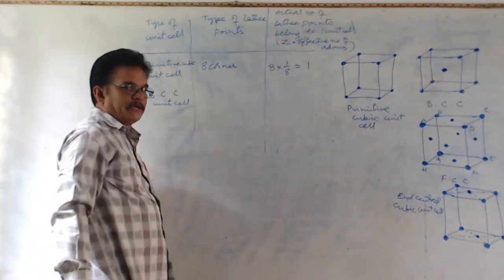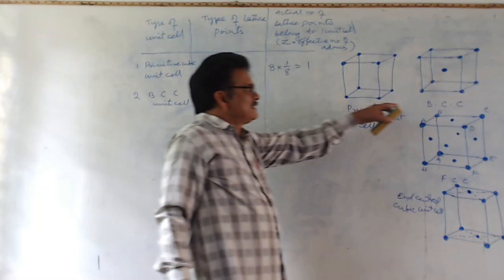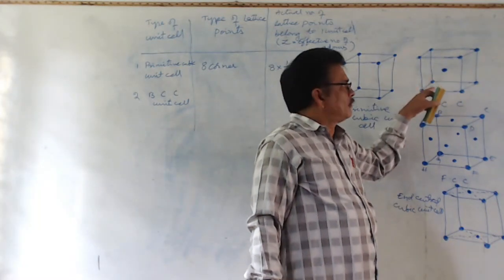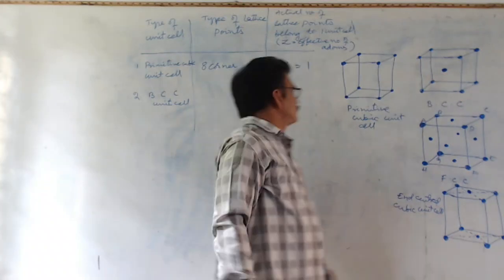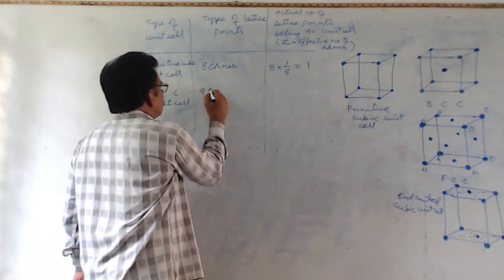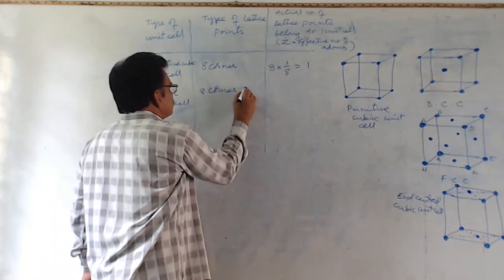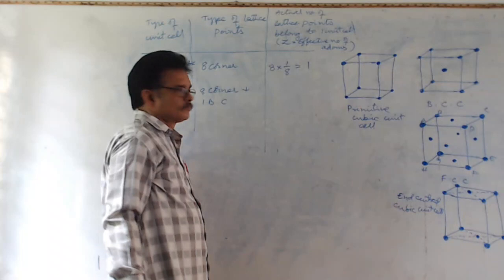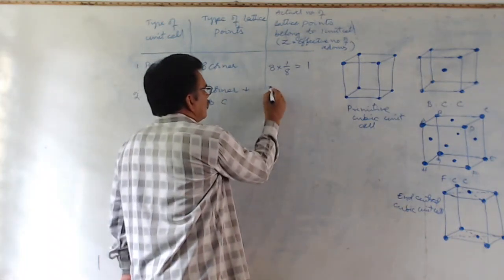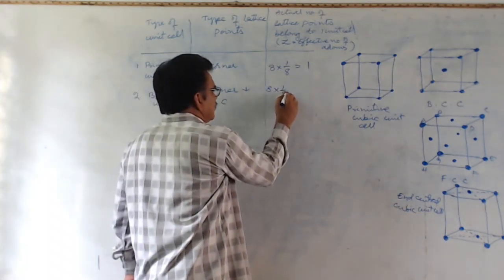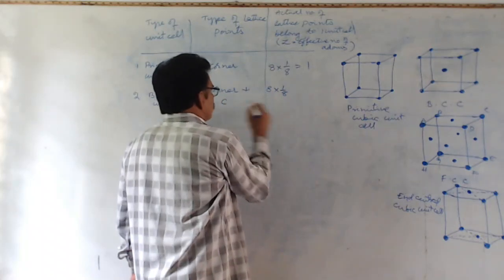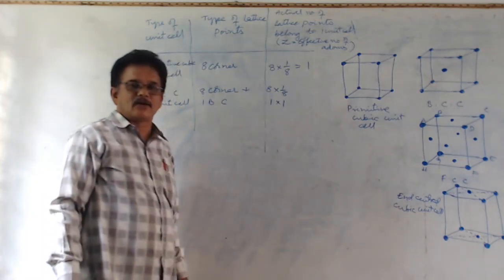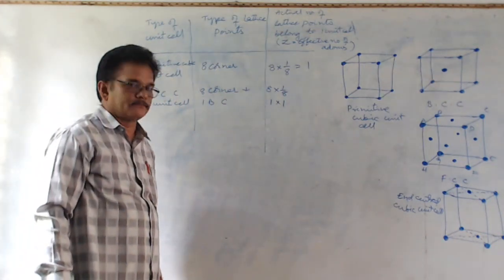This body centered cubic unit cell is formed by 8 corner lattice points and 1 body centered point. 8 corner points contribute 8 into 1/8, and the body centered point contribution is only 1 because it cannot touch other unit cells.